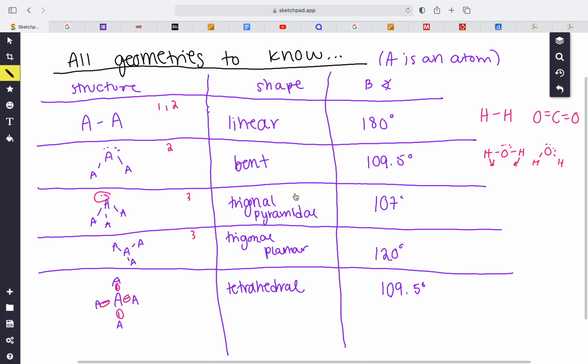And then trigonal pyramidal is going to be something that has 3 things attached to the central atom with the lone pair electrons bending them, so that's why it's pyramidal and not planar. And then planar is just that same situation where you have 3 of them and there's no lone pair electrons. And then finally, tetrahedral is going to be when you have 4 and there's no lone pairs.